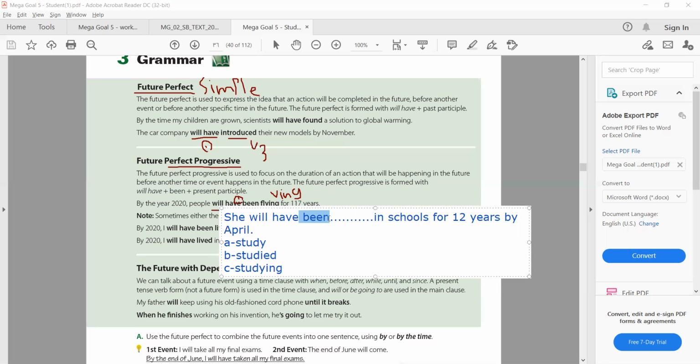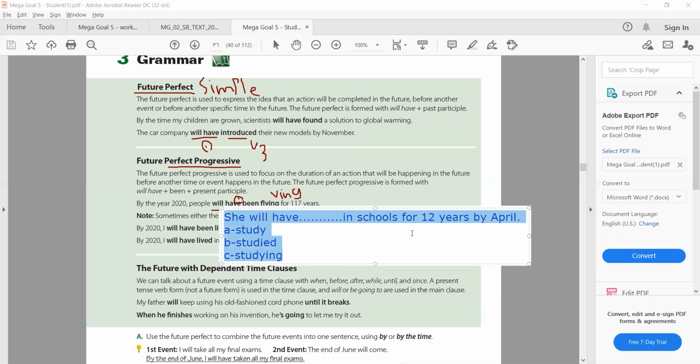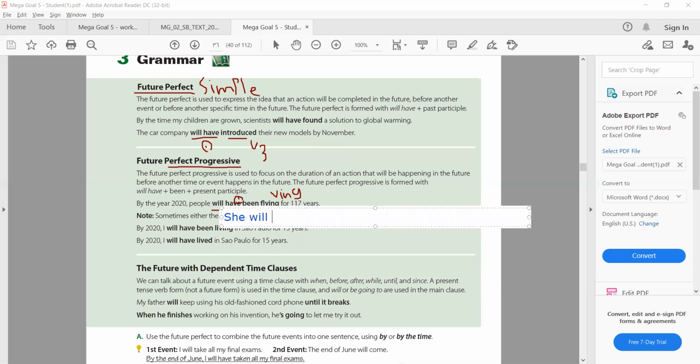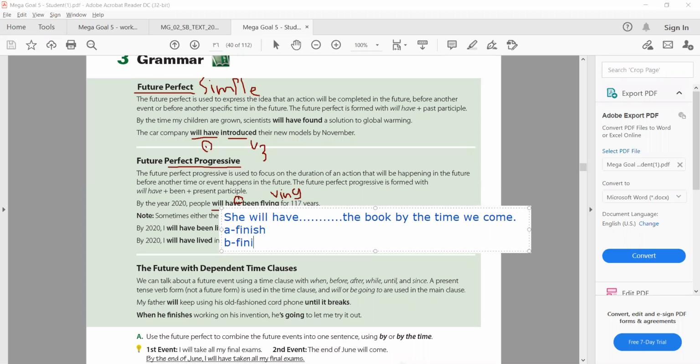For example, let me change it. She will have the book by the time we come.